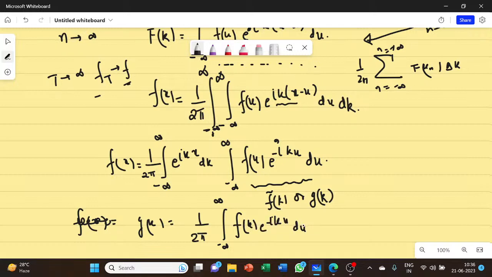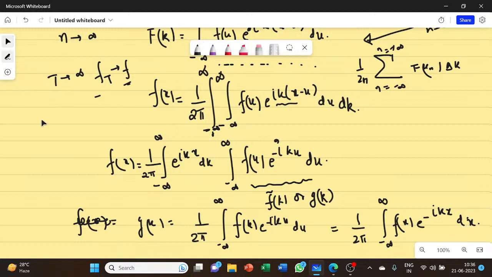Whether you write u or whether you write x, it is one and the same thing. So 1 upon 2 pi from minus infinity to plus infinity, it is f of x e to the power minus iota kx dx. Is that clear?